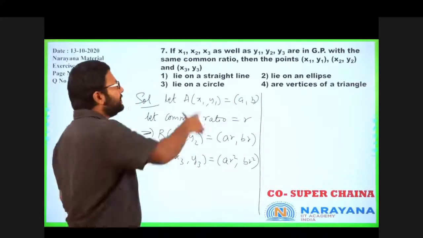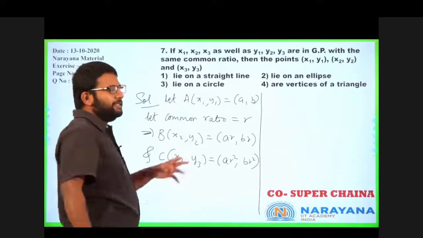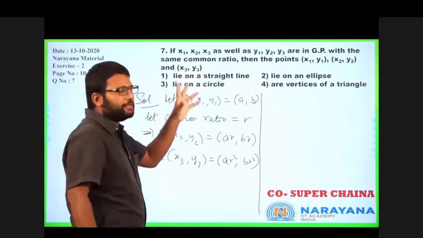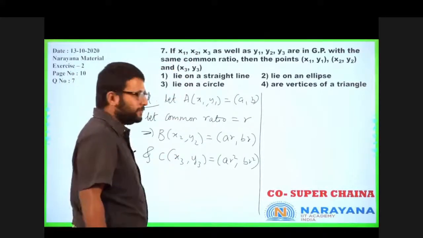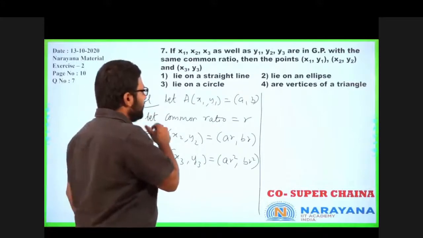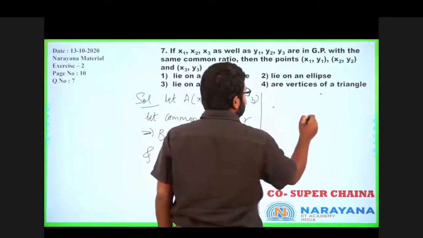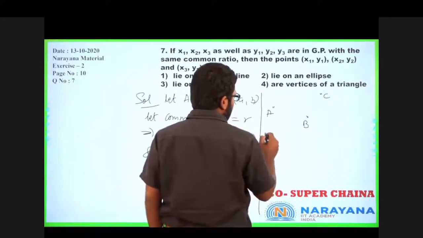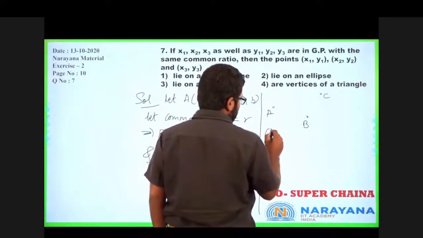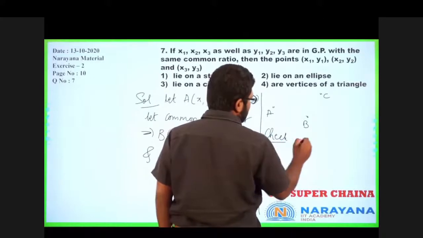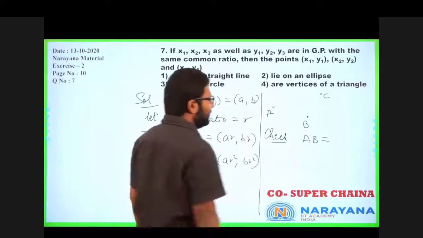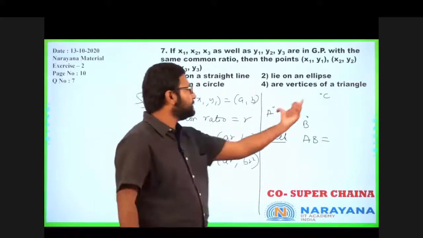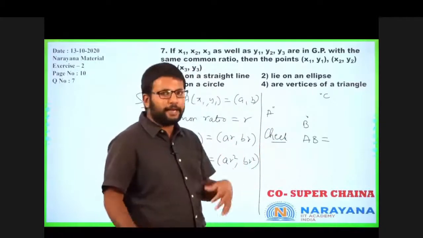So intuitively, we will always first check whether it's a straight line or not. Here it is the first option, but even if it's not the first option, we will check for straight line, right? So how do you check whether 3 points lie on a straight line or not? You take A, B and C, right? And we start with, check distance AB, right? Because they lie on a straight line if AB plus BC is AC. That is the idea.